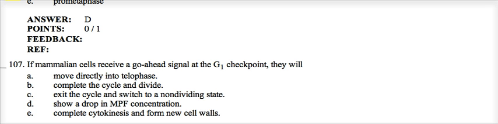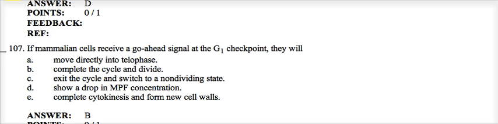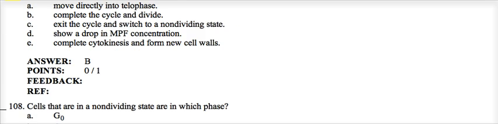So this is about understanding the cell cycle for mammalian cells. Well, if they get the go-ahead at G1, it means go on through and go through the rest of the cell cycle. So it's going to be B, complete the cell cycle and divide.